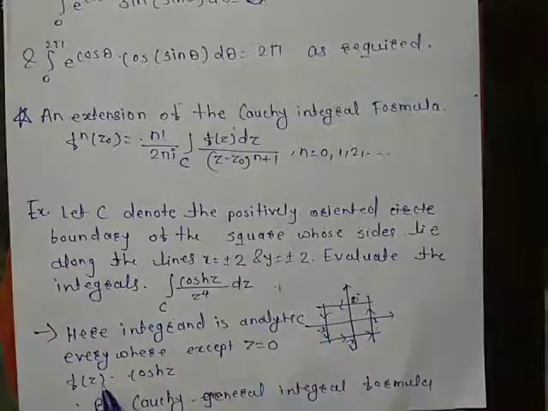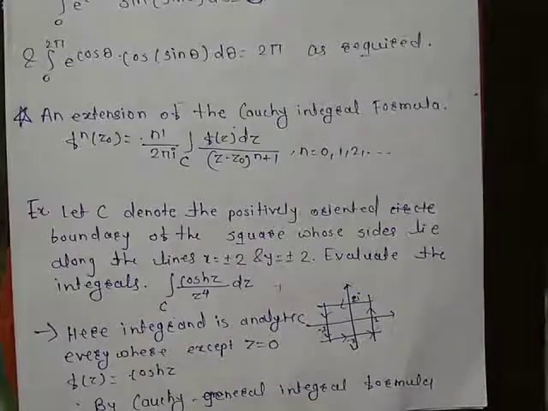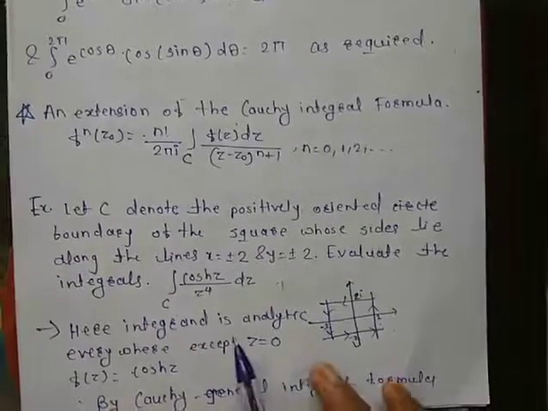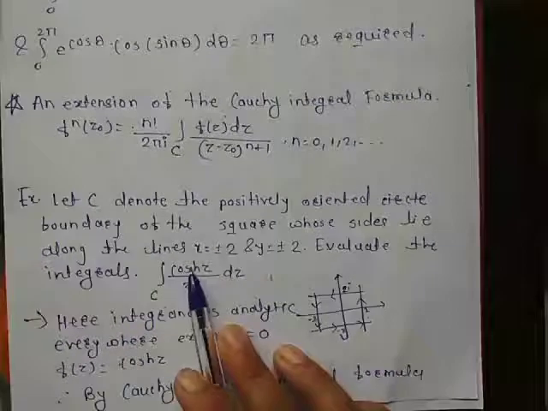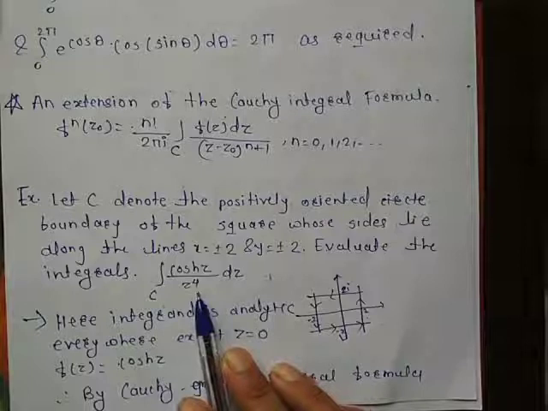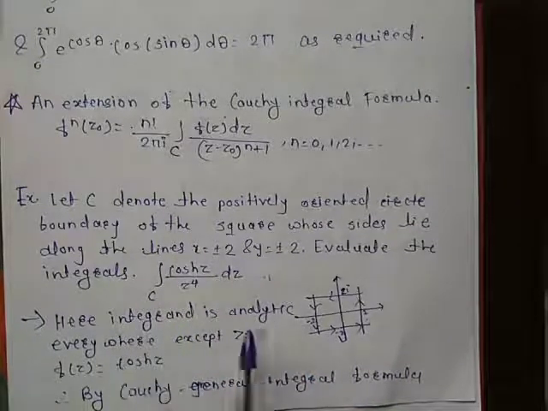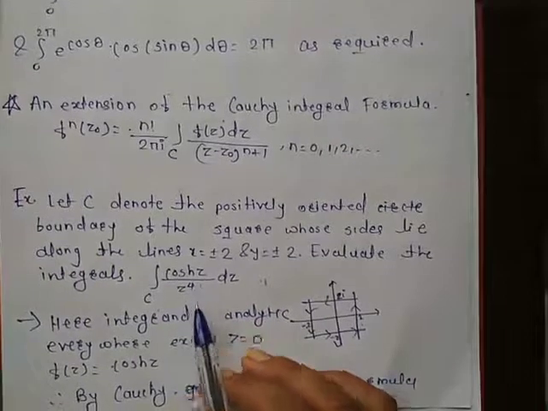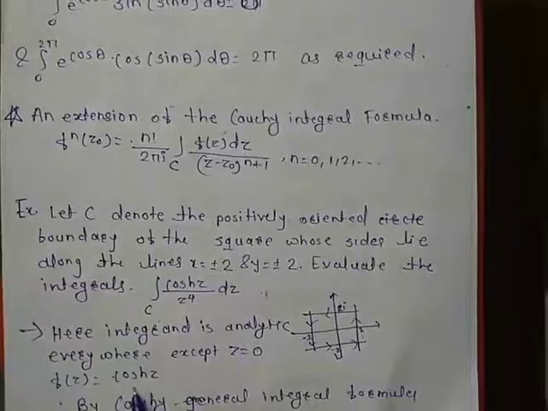First of all, we have to find where the given integrand is analytic. Here the integrand, meaning this whole function cosh z upon z raised to 4, is analytic everywhere except at the point z equals 0, and f of z is cosh z.